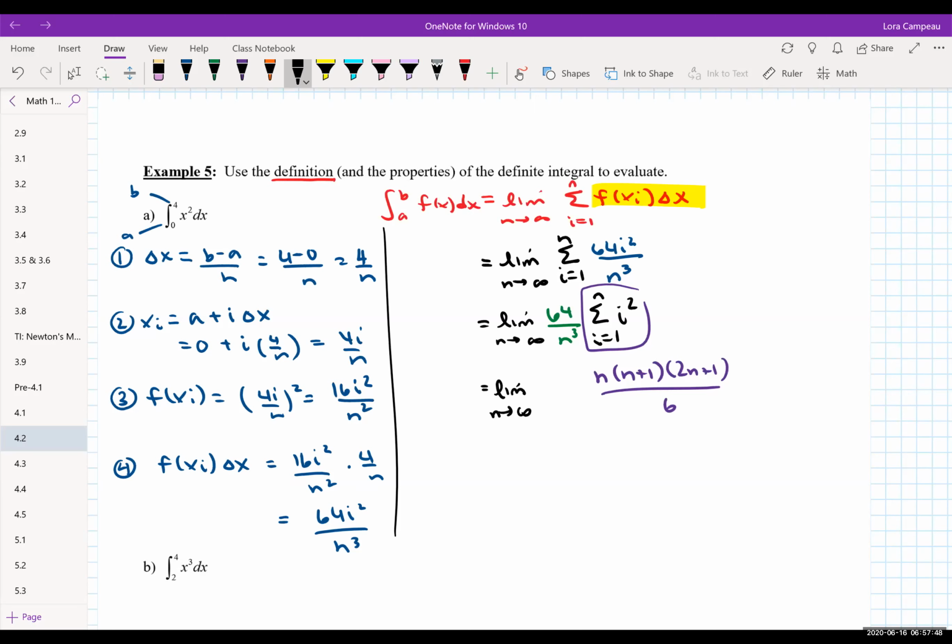You still have to deal with the math, where we have 64 over n cubed. I see the 64 and the 6. If you're interested, you could reduce it out right now. You could also just pull it out and deal with it later.